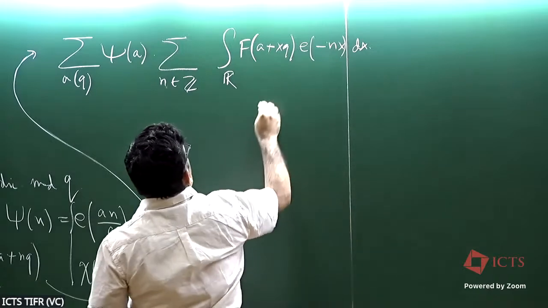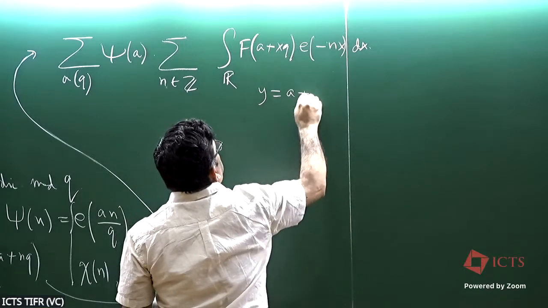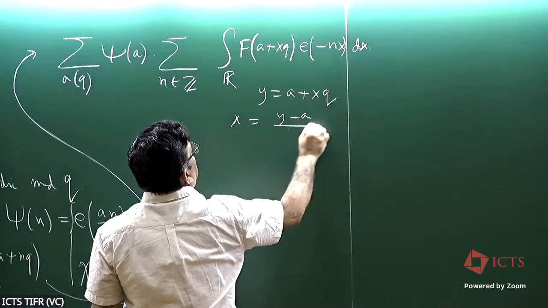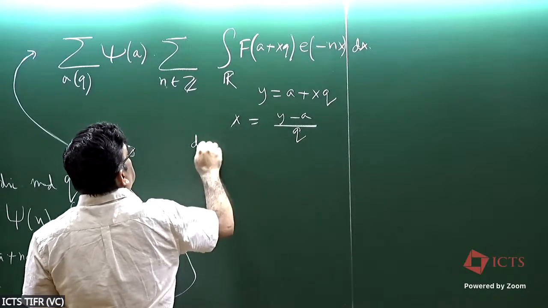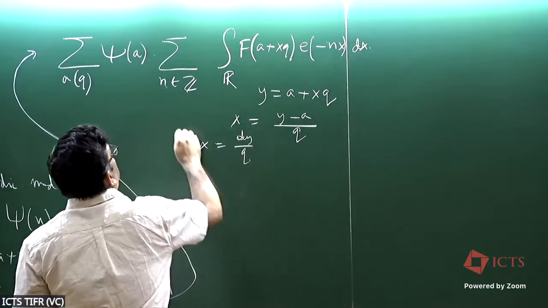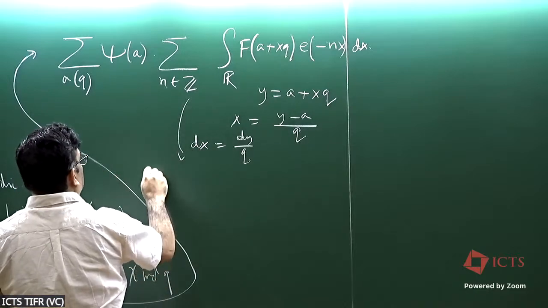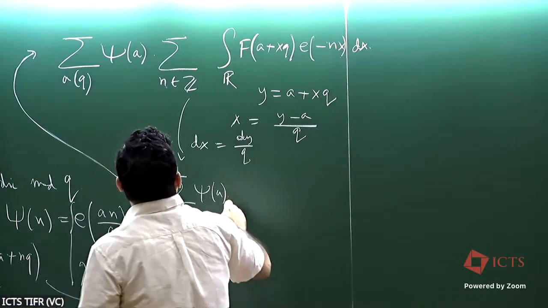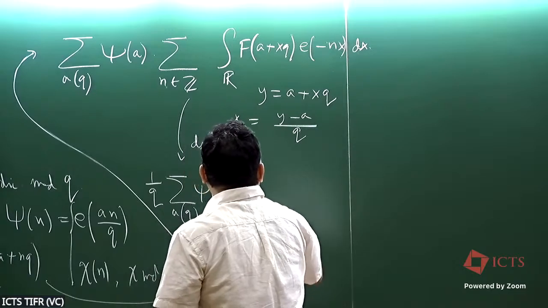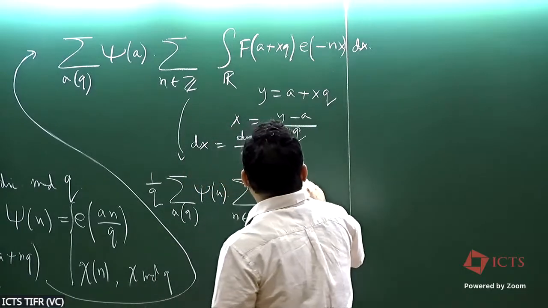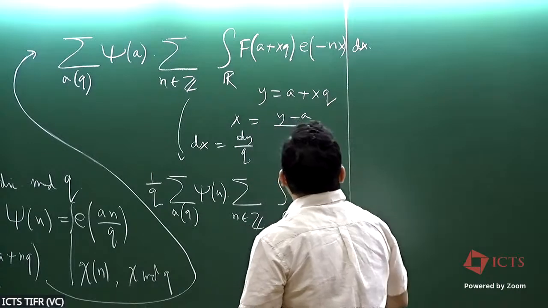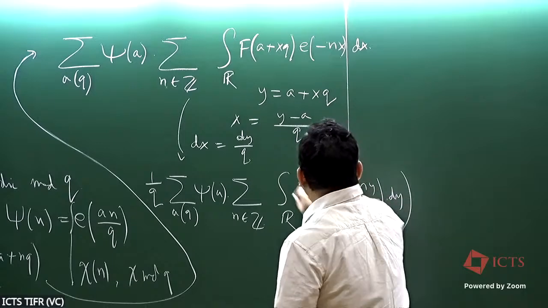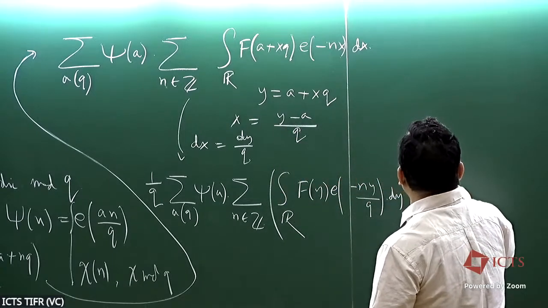And then you do a change of variable. You call a + xq to be y. So x is (y - a)/q, and so dx is dy/q. So this basically reduces to 1/q, the sum over a modulo q, psi(a), the sum over all integers, and here you have the integral of F(y) e(-ny/q) dy, and then you have e(na/q).